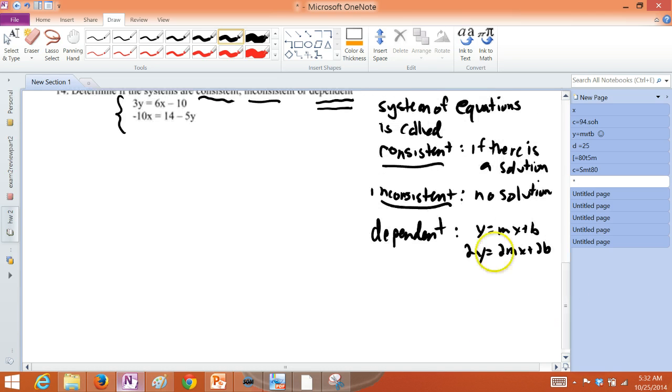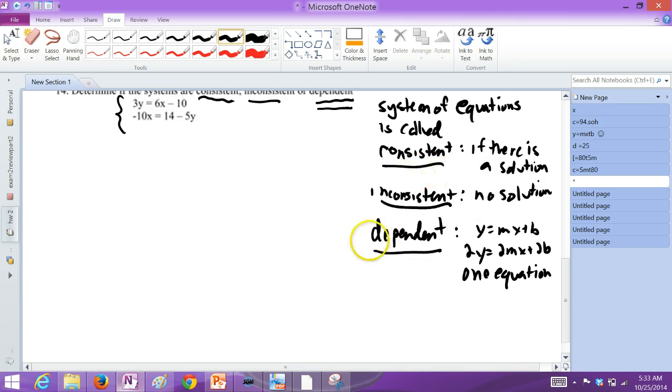So it looks like you have two equations, but you really only have one equation, and your answer is dependent, meaning that you only get one line, and your x and your y relationship is that they are dependent.